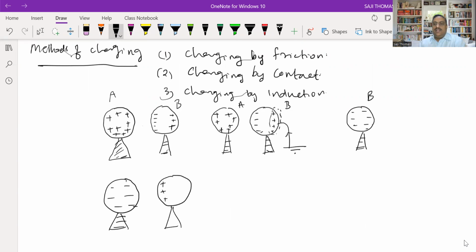Negative charge repels the electrons, pushes the electrons, so electrons will go to the opposite side. Now you have to earth this.